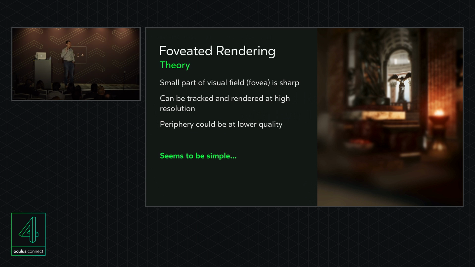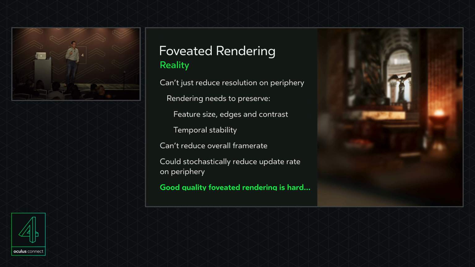The problem is that reducing the quality on the periphery, just like the image shows, does not produce very good perceptual quality. The reality is that our human vision system is quite complex and deserves a talk on its own, but suffice it to say that you just cannot reduce the resolution on the periphery.